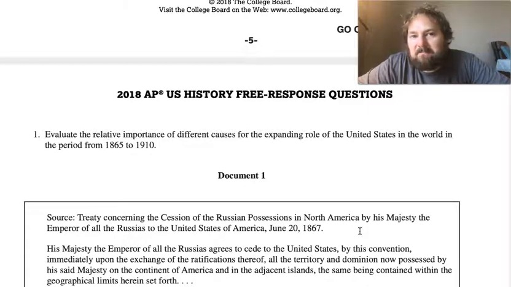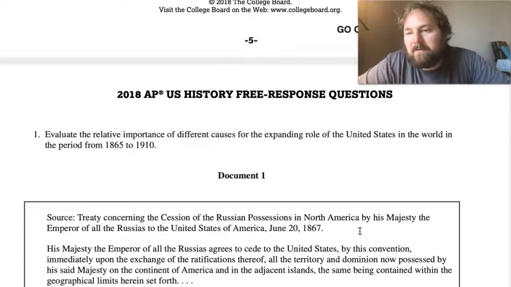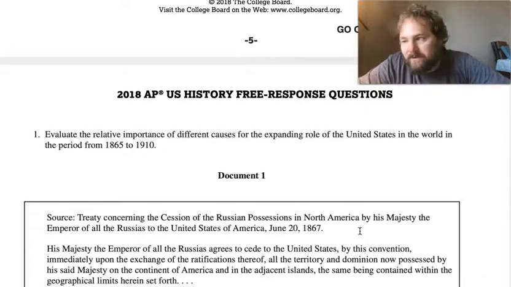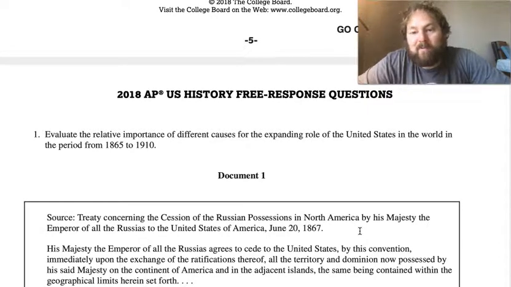And just think big picture. Were there economic reasons? Were there political reasons? Were there social reasons, cultural reasons? Okay, well, what are those reasons? Once there's an economic reason, like we wanted to trade because we were industrialized, well, that's a reason.